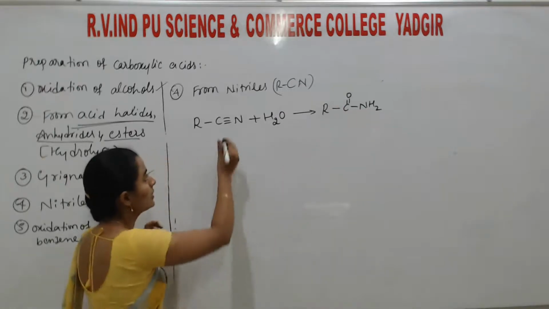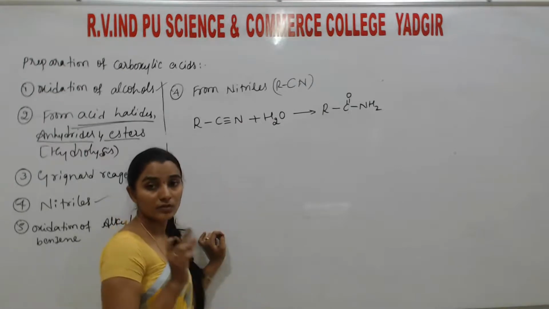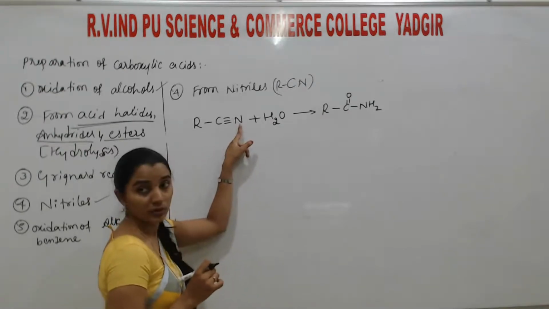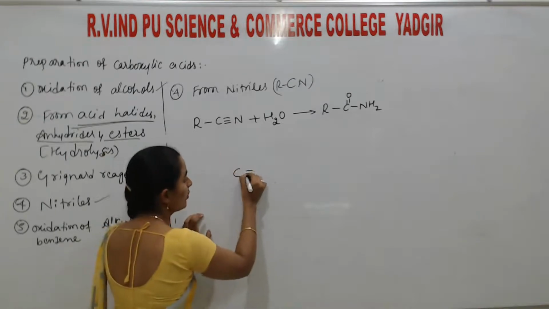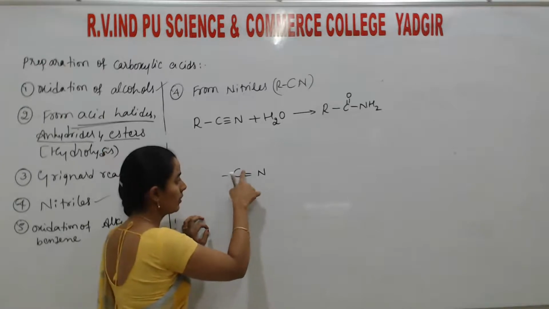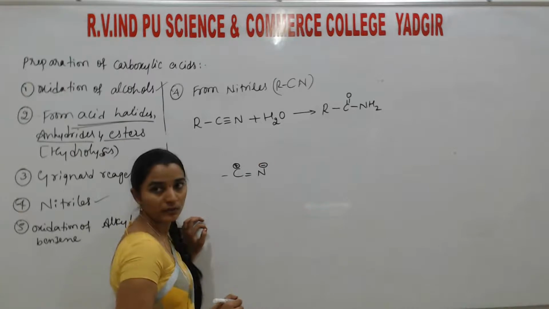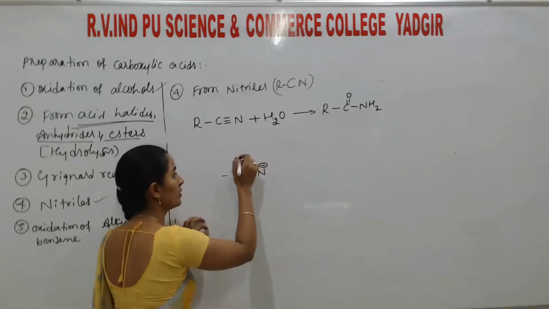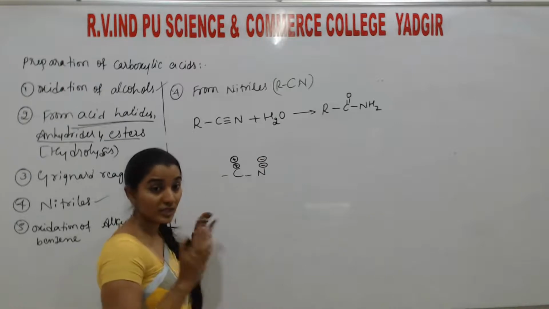Remember why? Listen here, carbon is there, nitrogen is there. Among carbon and nitrogen, which one is highly electronegative? Means this one. The electrons are shifted towards this. So C triple bond N is there. If one bond breaks, one electron less here, another electron goes here. If another one breaks, another positive charge here, another negative charge here. Just an assumption.